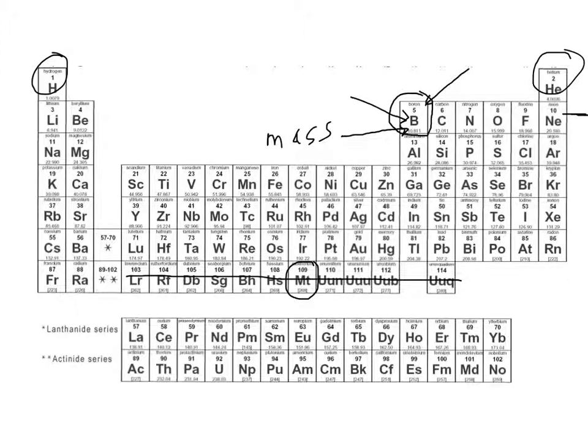And the next row starts with sodium 11 and goes up to argon 18. Notice that the rows tend to get longer as we go down the periodic table. And so the row beyond this has a total of 18 elements, and so does the next row.